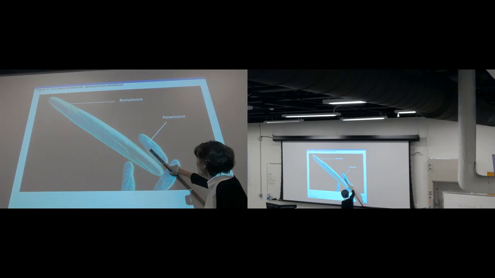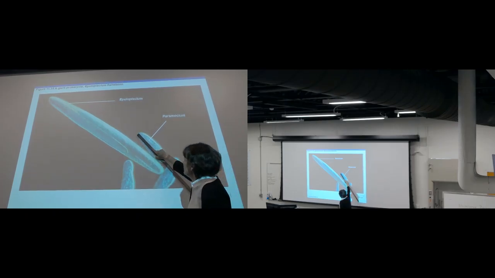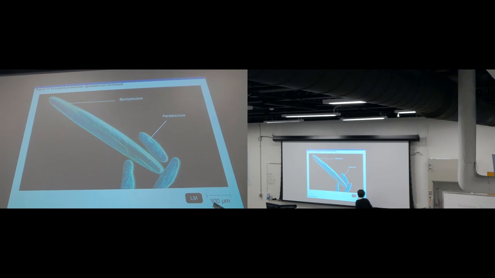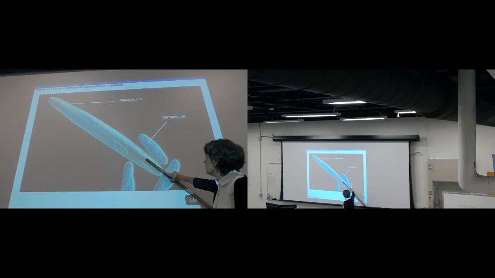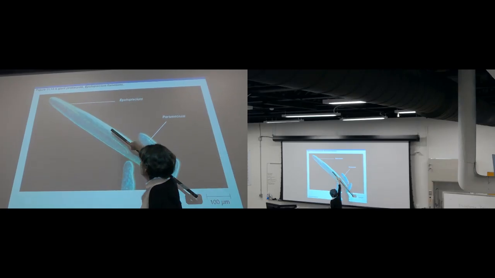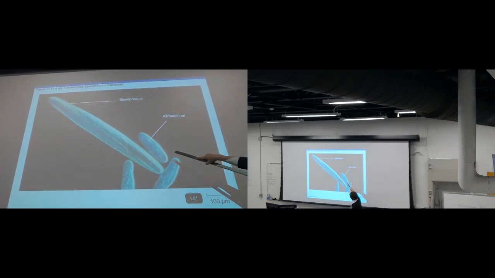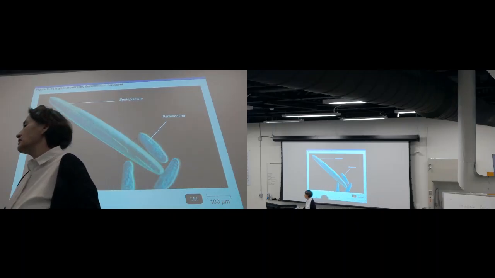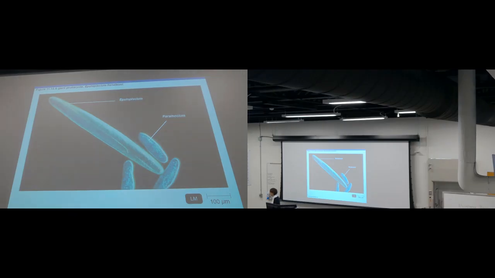So this paramecium measures almost 200 micrometers. So this bacteria will measure like 4 to 5 times this. So it's very large. Typically, the largest size for a bacteria will be like 100 microns. But this is a gigantic prokaryote.